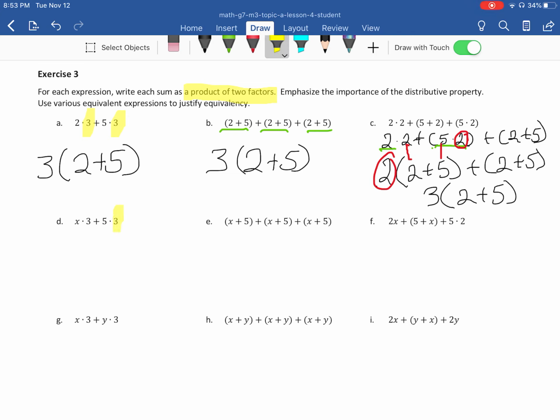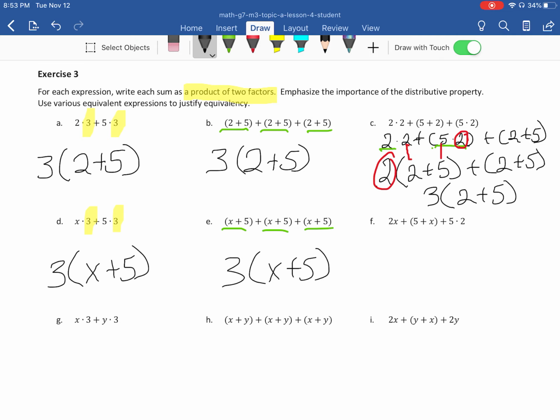Answer D. I can factor out the 3, and I'm left with x plus 5. E, I have 1, 2, 3 groups of x plus 5. For F, first, let's do my multiplication. So let's rewrite that as 2x plus 5 plus x plus 10.